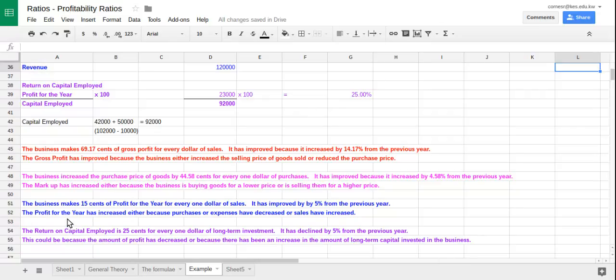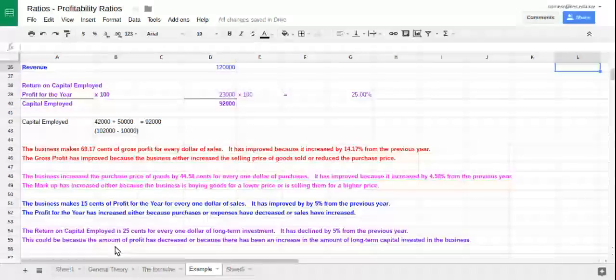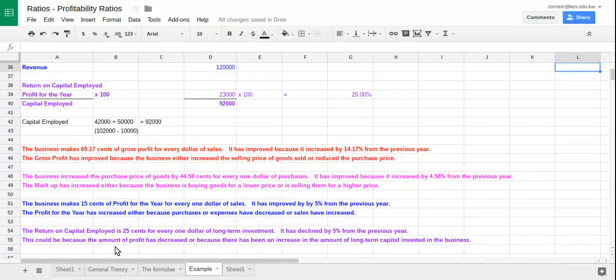Return on capital employed, this one you need to think about. It's a bit like bank interest. Compared to bank interest, if you've got money invested in the bank, 25% is actually very, very high. Okay, but the return on capital employed means that for every $1 of long-term investment, the business is returning 25 cents or 25 pence of profit.